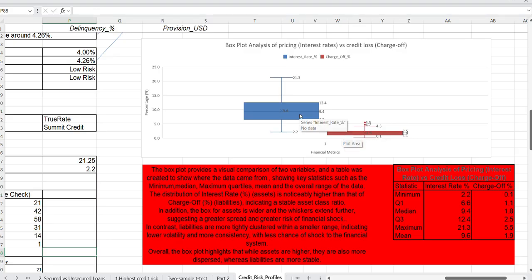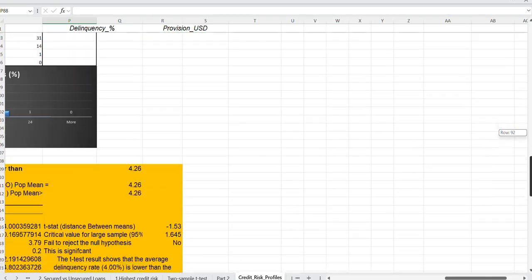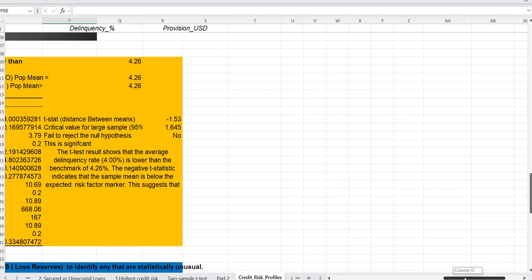Our interest rate has a bigger box because the interest we charge is a lot more variable, but our bad debt written off is concentrated at a certain percentage level, so you know roughly what level to expect, and it shows us we have tight control of our bad debt. That's the easiest way. You don't need to look at the numbers with a box plot, you could just look at the picture and analyze the data visually.